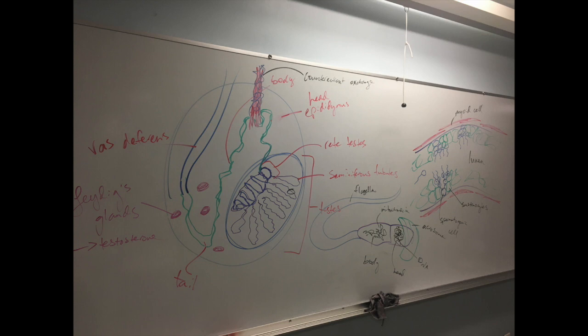And this is happening on both sides. We've got spermatogenic cells that are turning into sperm, flanked by a bunch of sustenocytes that keep them in place. They make sure that when this guy divides, he's dividing towards the middle.